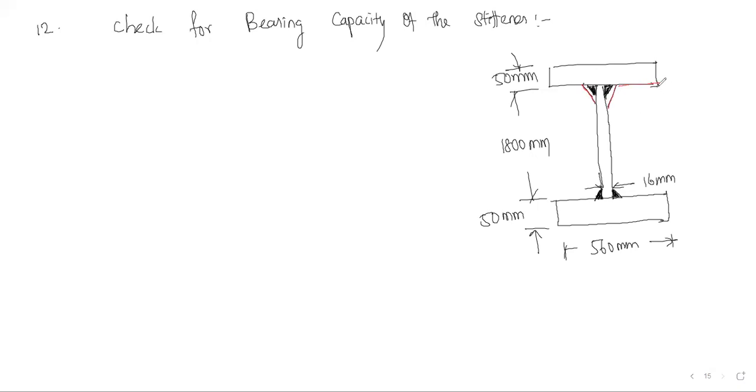So here I am going to insert the stiffener plate. So this is nothing but the stiffener plate couple. So here I am going to check the bearing capacity of this stiffener. So it has to transfer the load in a smooth way.